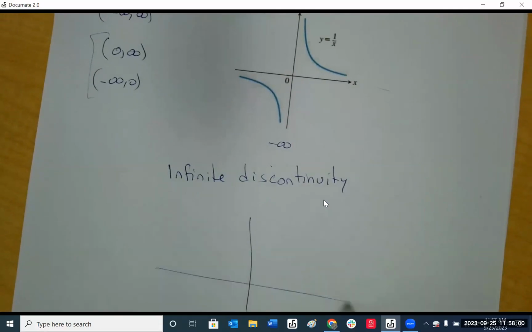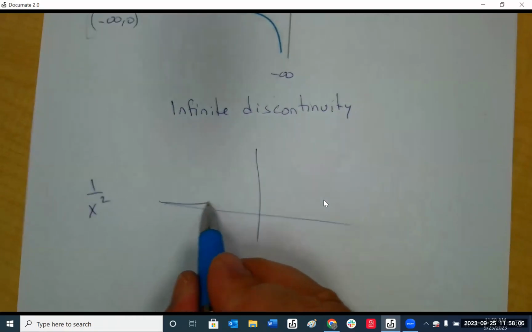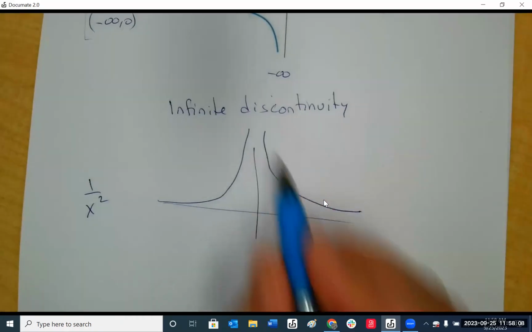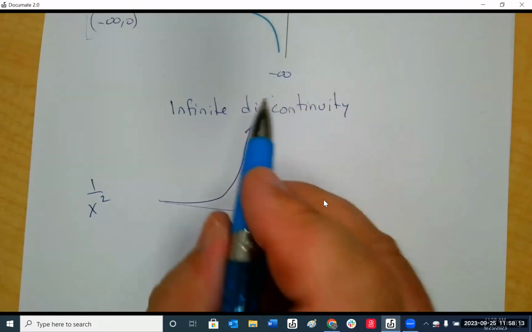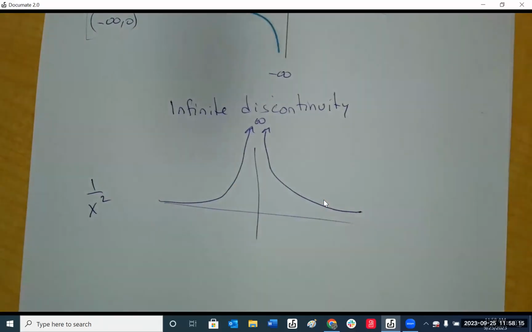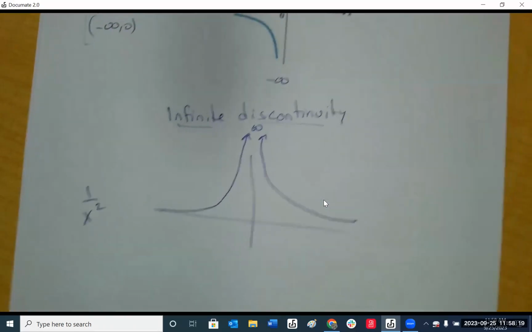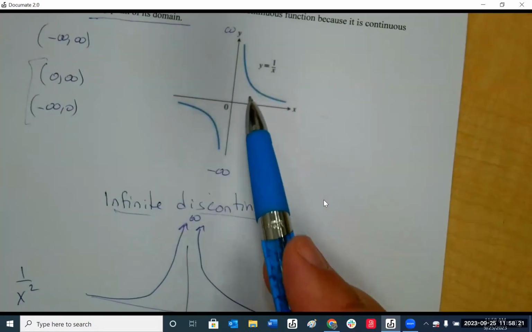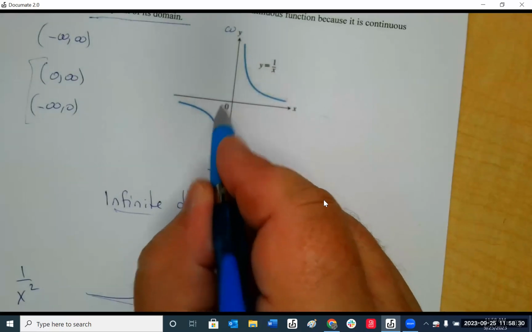Or if I looked at the function 1 over x squared, what's that graph look like? Now we're both going to +infinity. That's an infinite discontinuity. But since these are going in different directions, it is discontinuous. Not even a jump discontinuity, because we can't go to 0.